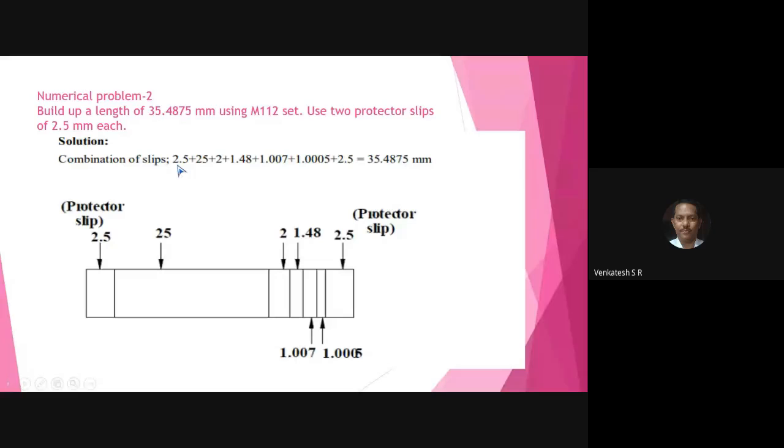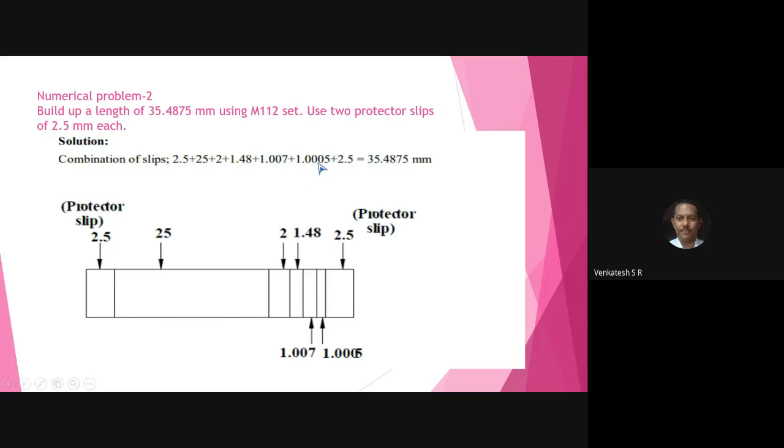Observe here, the combination of slip gauges: 2.5 here and 2.5 here. After ringing the 2.5 slip gauges at the ends of the combination, first see that in the M112 set of slip gauges, 1.0005 is available.